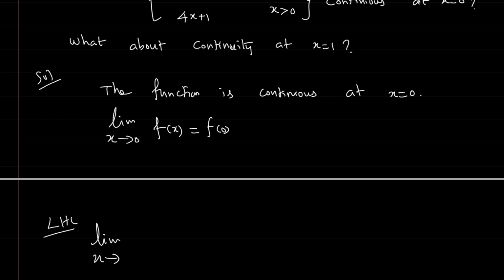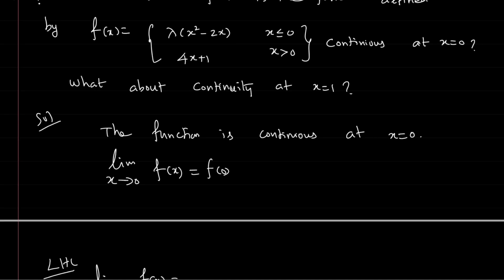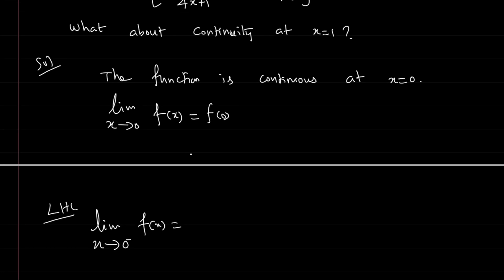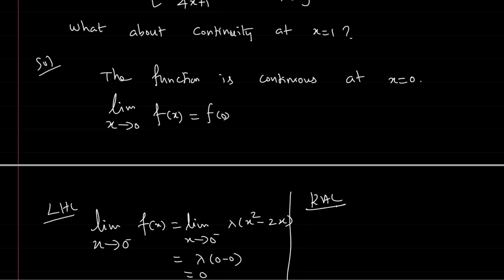Limit x tends to a value slightly less than 0. A value slightly less than 0 means the function will assume the value lambda into x square minus 2x. When we replace x by 0, lambda into 0 minus 0, you will get 0. Now, what about right hand side limit?